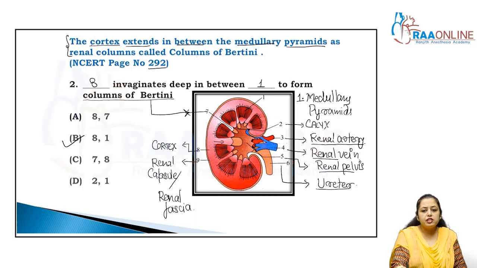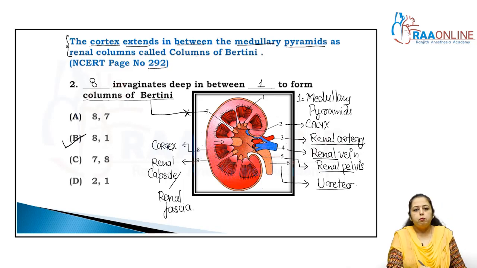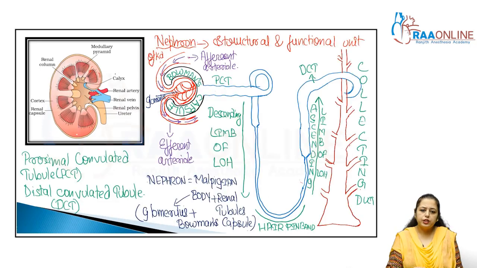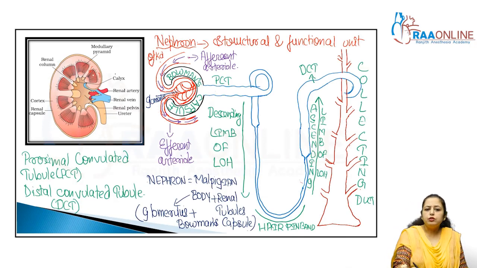So here the cortex invaginates deep in between the medullary pyramids. So here 8 and 1, right? So the correct answer is the Bombay, right? So you can see here how we describe the NCERT, or by the line of NCERT, how many questions we can frame, right? Now come to here, as we know that this is the kidney.